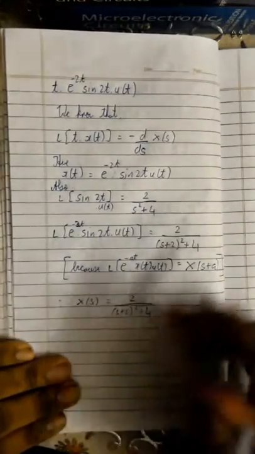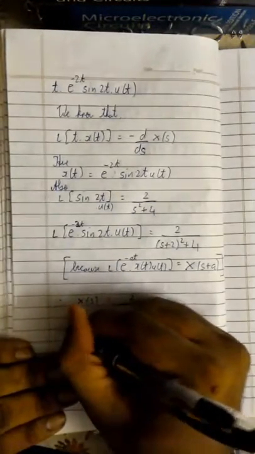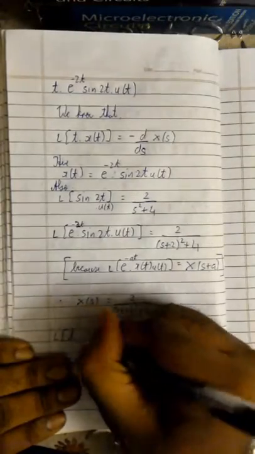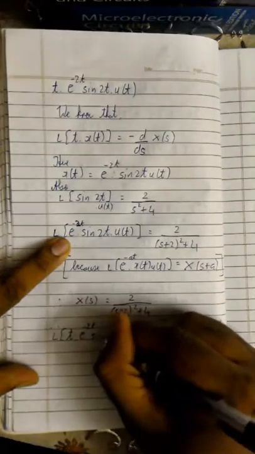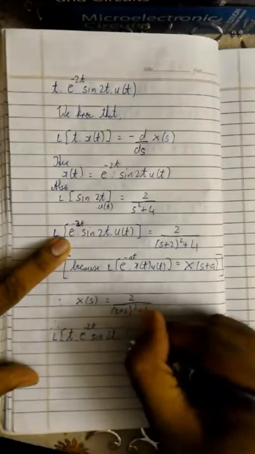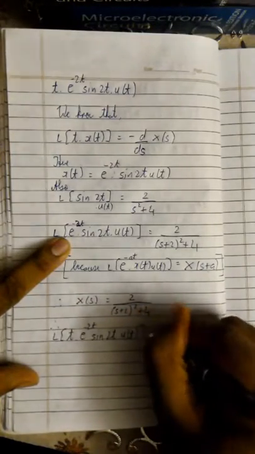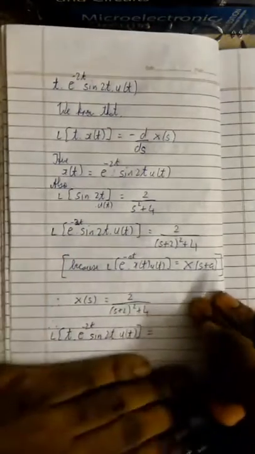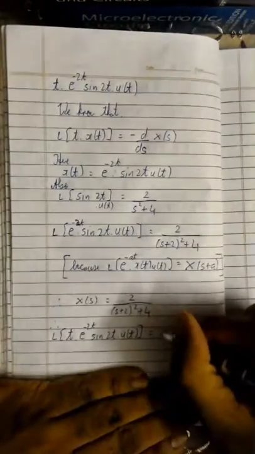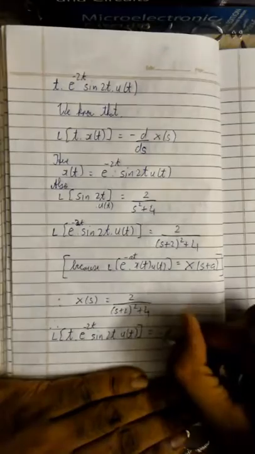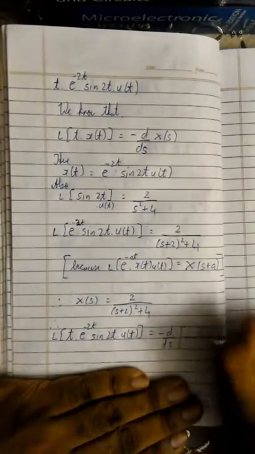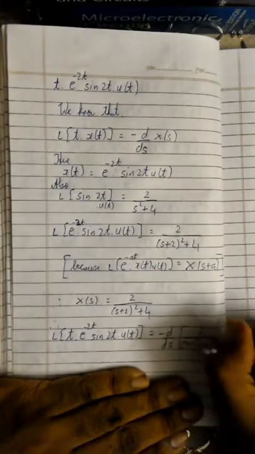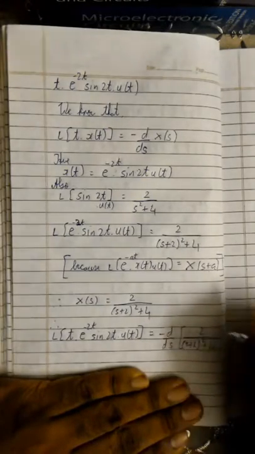Therefore the Laplace transform of t into e raised to minus 2t sine 2t into u of t is equal to minus of the differentiation of 2 by s plus 2 the whole square plus 4.